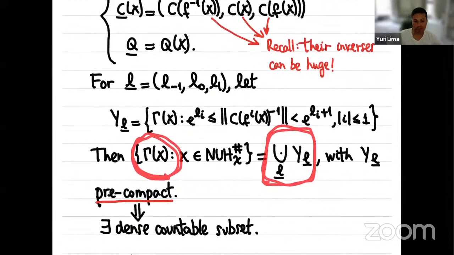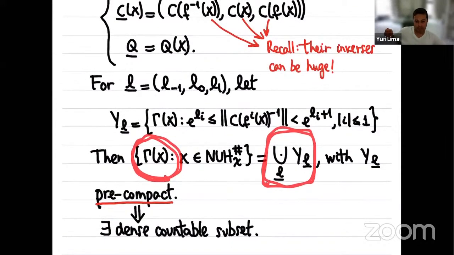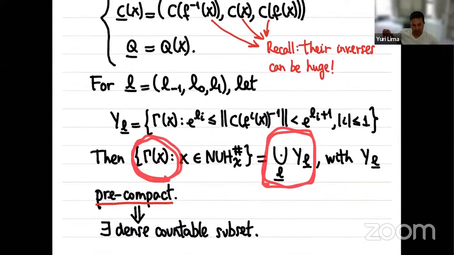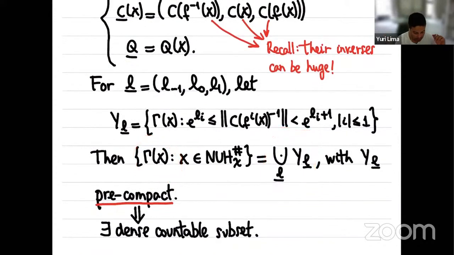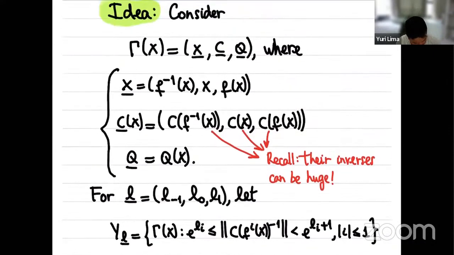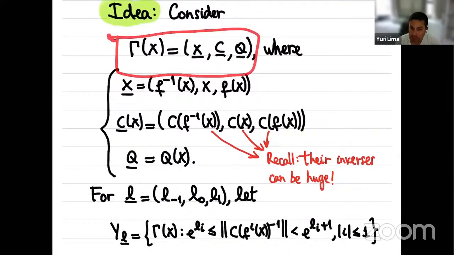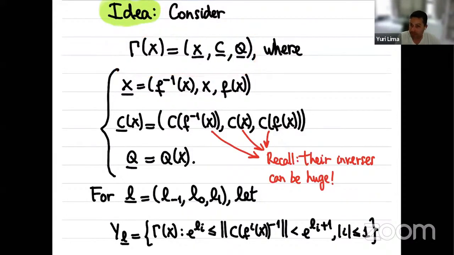So if you consider the union of these dense countable subsets as L varies, you obtain a dense countable family of these objects. And using the dense countable family of these objects, and now again is a matter of faith, we are able to construct countably many double charts that are enough for our purposes.